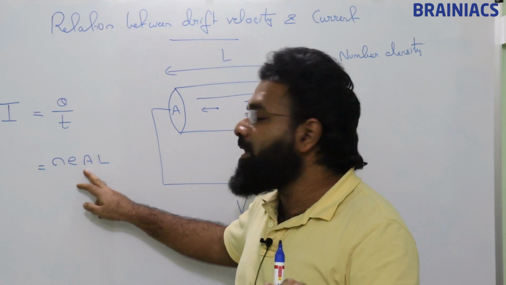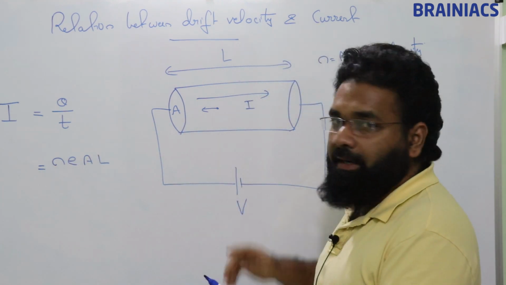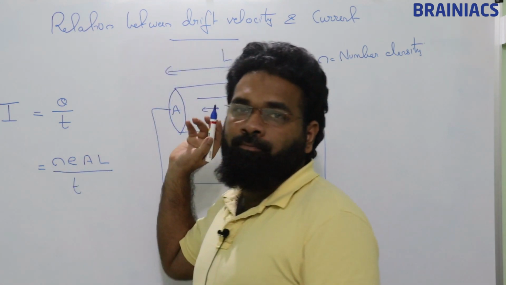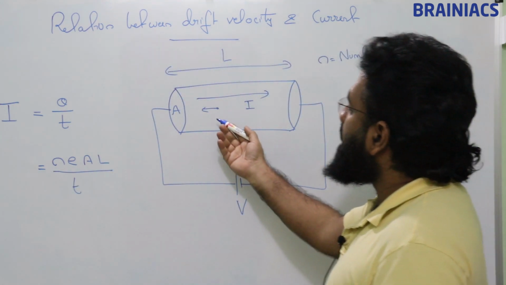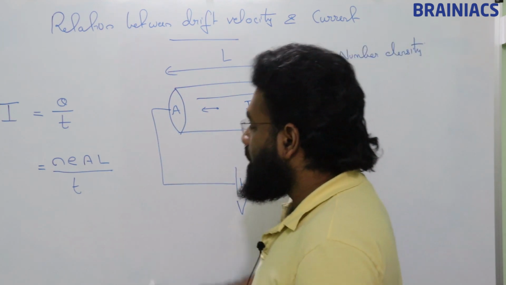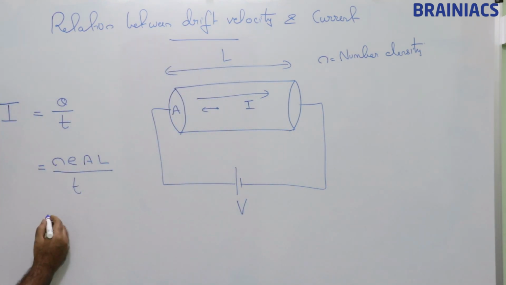Now if I multiply with the volume, I will be getting the total charge present in the conductor. Again I am writing divided by t. Now with what velocity are the electrons moving? With the drift velocity. So I have written here neAL by t.